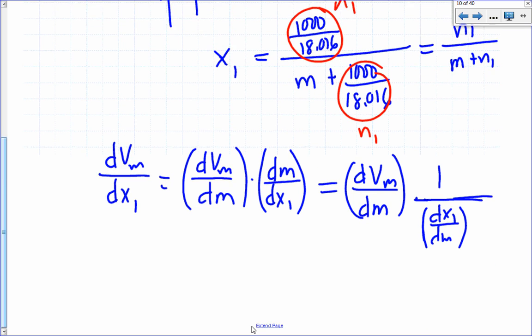Now, it's going to be dV sub m with respect to m divided by this thing right here.